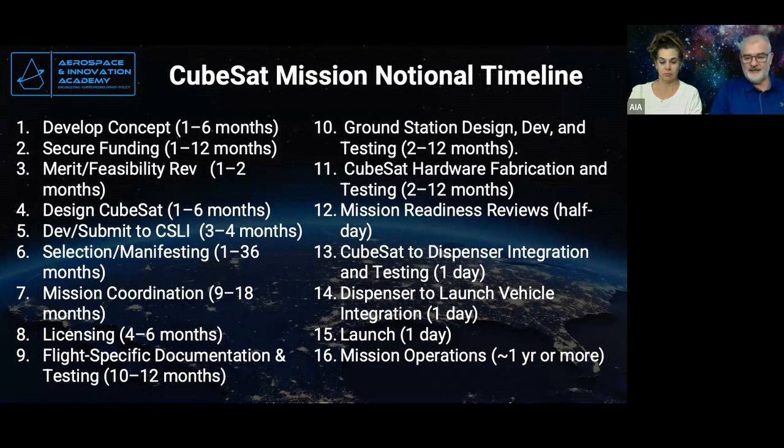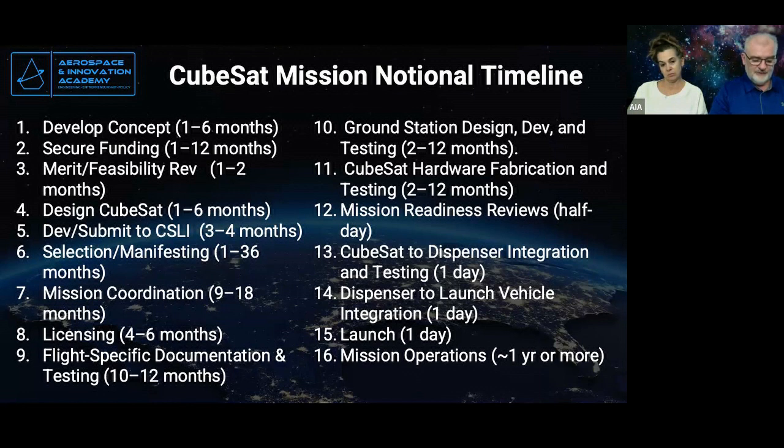So now we built our satellite. We've tested it. We've submitted all the paperwork. The last thing we're going to do is a mission readiness review. A mission readiness review brings the principal players together, and you as the team lead or your students need to be there at the location designated by the integrator, and potentially NASA and others are there.